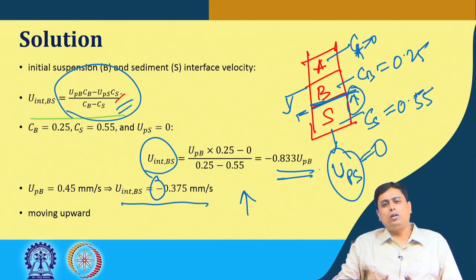Once you find out the value of n, either assuming Stokes law, which in this problem we did, we assume Stokes law region, we find out the single particle terminal velocity, and then we verify that by calculating the particle Reynolds number.